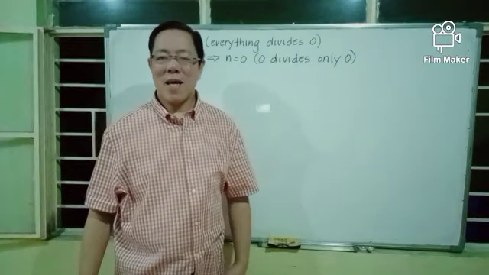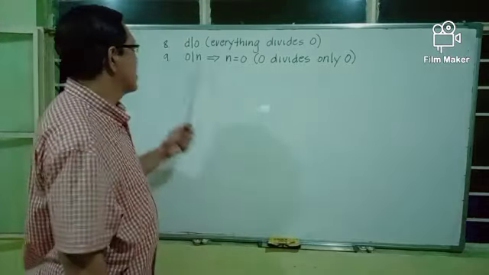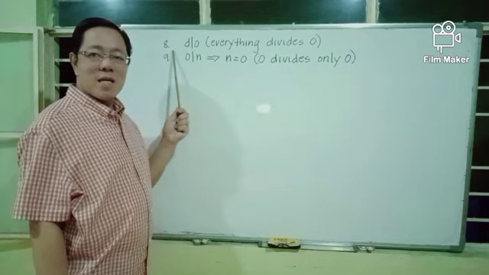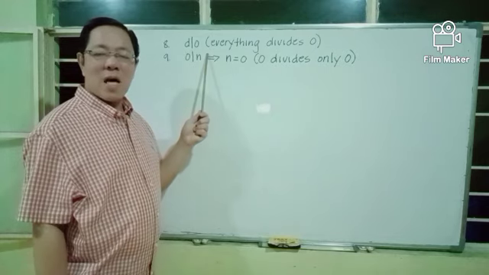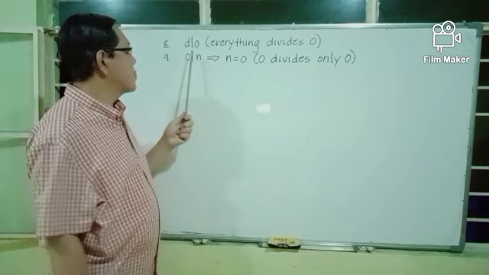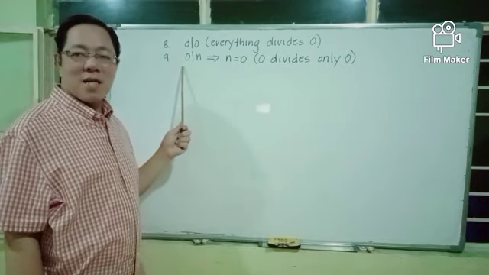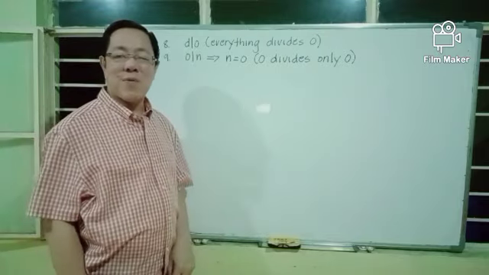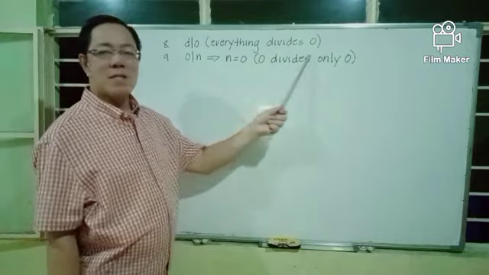We now state the 8th and the 9th divisibility properties. The 8th divisibility property says that d divides 0, which means that every integer divides 0, including 0, as we will show in the 9th divisibility property. That is, every integer is a factor of 0, or everything divides 0.